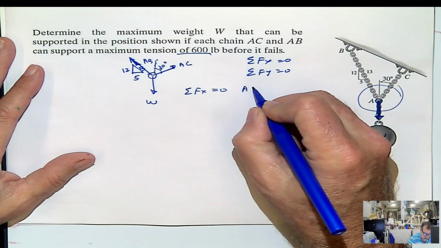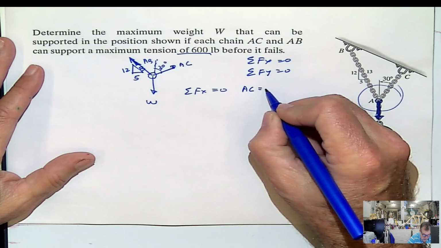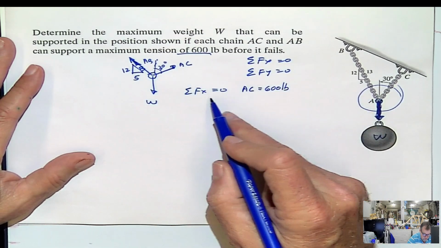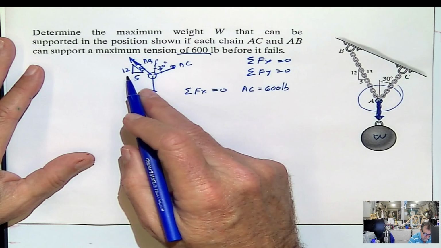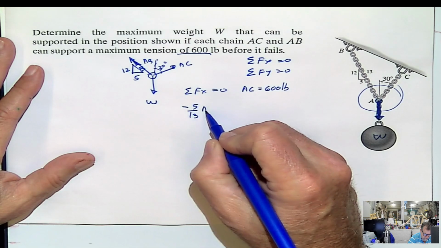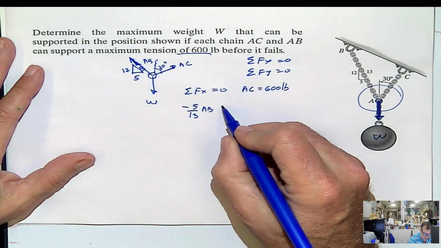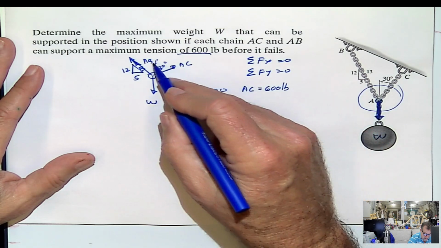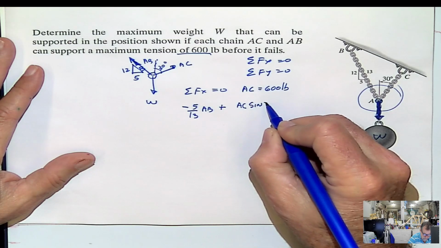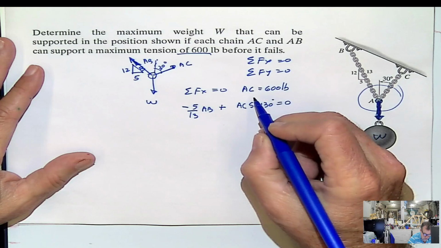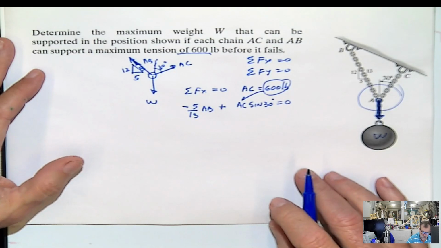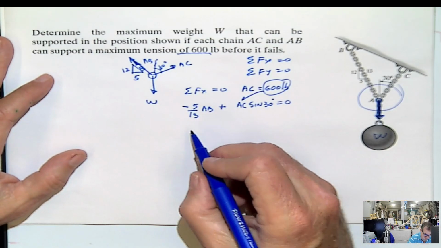So if I am assuming that AC develops the maximum tension of 600, then I can do the summation of forces in x, and you will have minus 5 over 13 AB, and to the right you will have plus AC sine 30, and that's 0. So in AC, I'm going to assume that AC developed the full 600 tension.